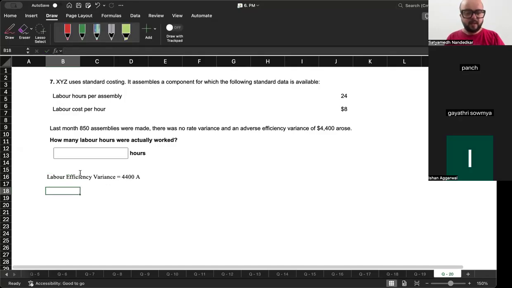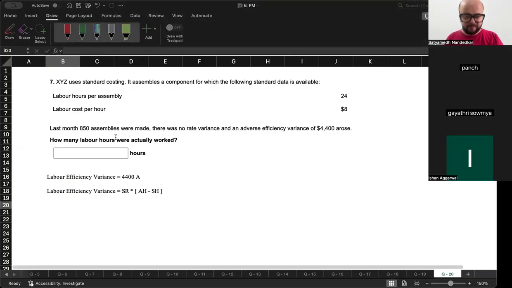Okay. Now labor efficiency variance is standard rate into actual hours minus standard hours required for actual output. What is the standard rate?